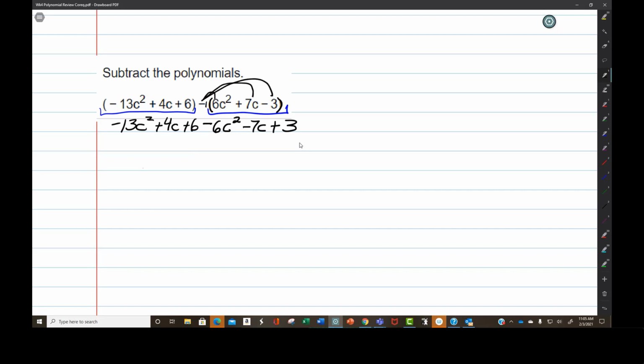So now I have to look here. My c squared terms are like terms. My c terms, c to the 1 power, are like terms. And my constant terms are like terms.